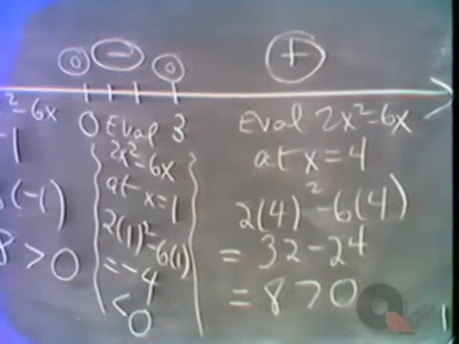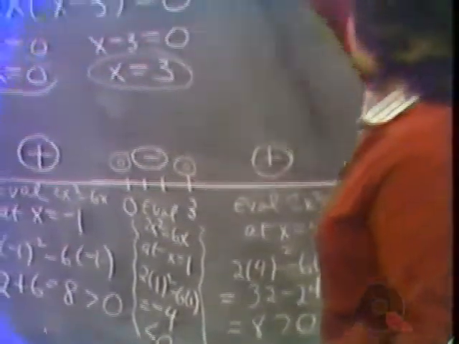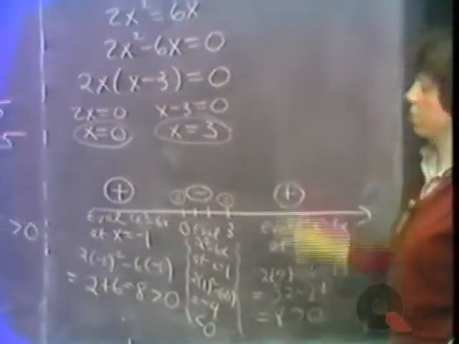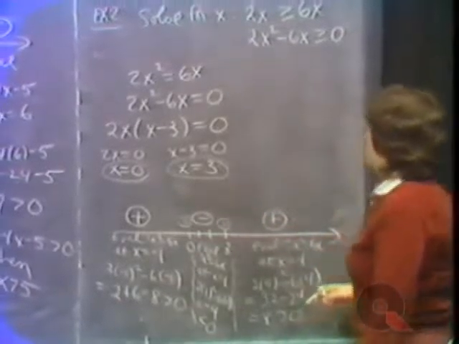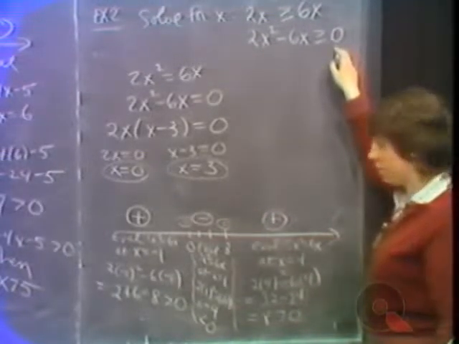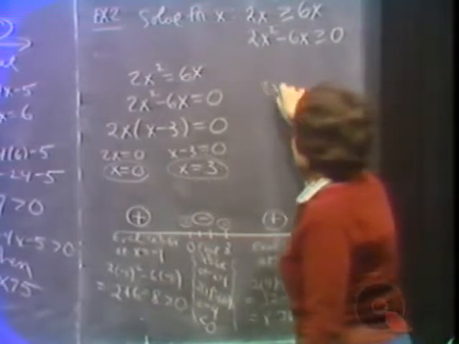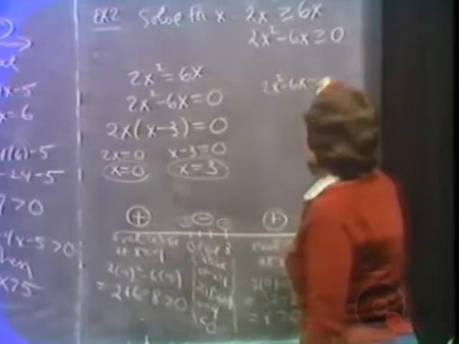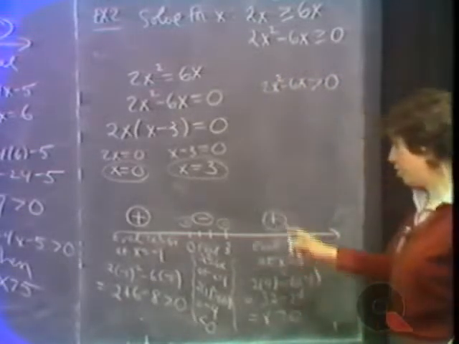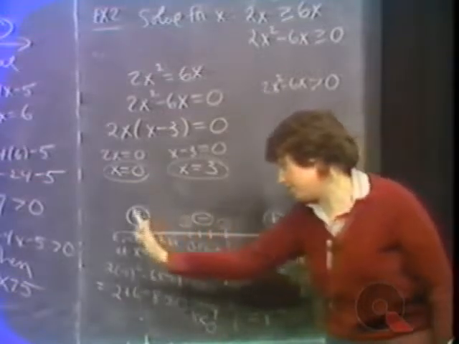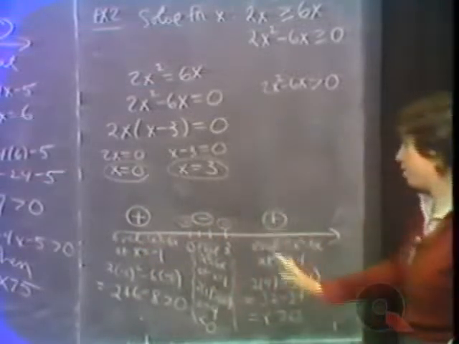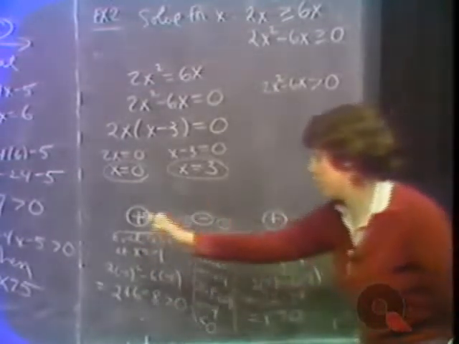Now let's understand the question. We know when 2x squared minus 6x is equal to 0, namely at 0 or 3. The question is, when is it positive? Well, 2x squared minus 6x is positive if x is less than 0 or if x is greater than 3, on either of these extremes.